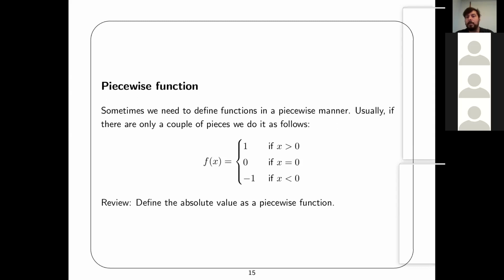Piecewise functions usually happen when you have a problem where something happens at a certain threshold and a switch is thrown or something like this. We'll see some examples. These are actually not very easy to handle when it comes to differential and integral calculus, because of the discontinuities. But as long as the number of pieces is small, what we usually do is that each of these is an elementary function.